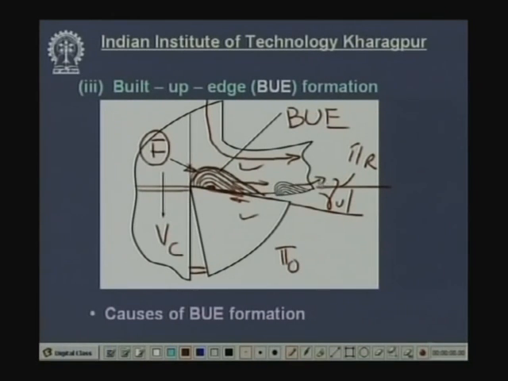So, the built up edge is a repetitive phenomenon: it starts, then it grows, then after some time it gets separated from the tool and goes along with the chip.